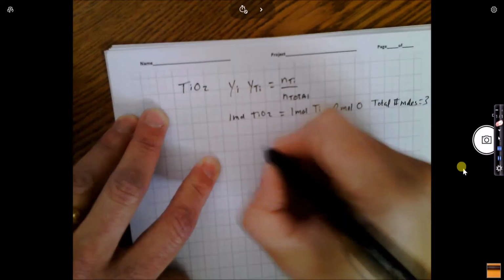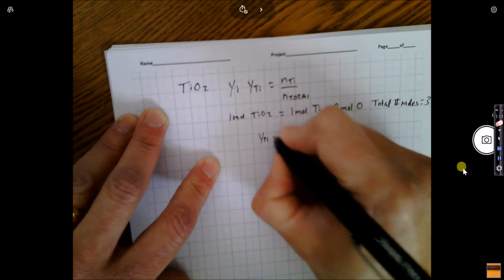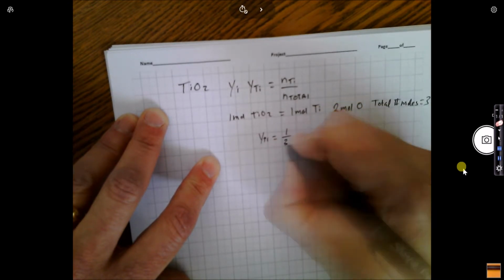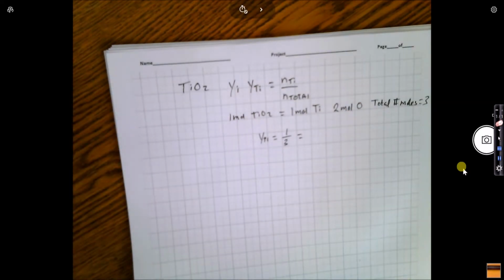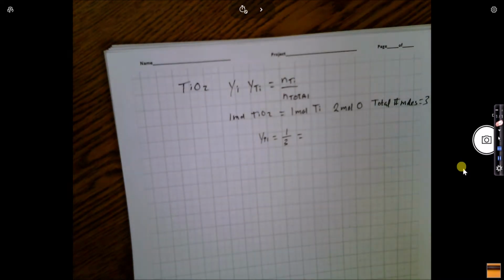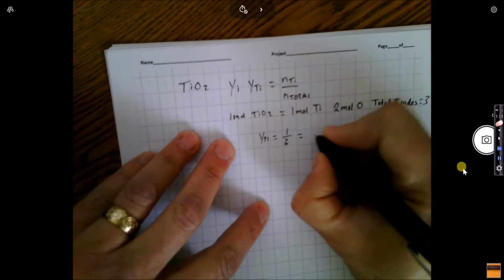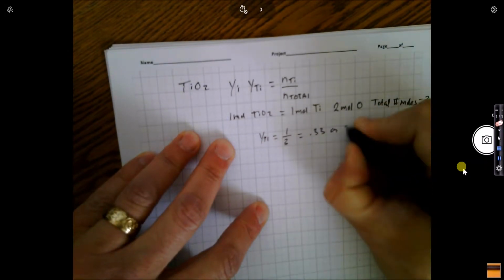So the mole fraction of titanium equals 1 divided by 3, essentially. And so, yes, I'm using a calculator, which is a third. I don't know why I felt I needed to do that, but it's roughly 0.33 or 33%.